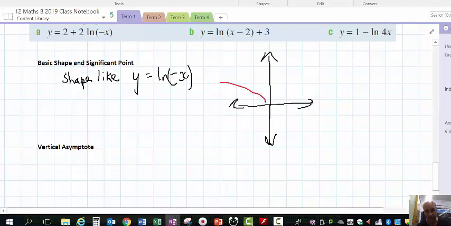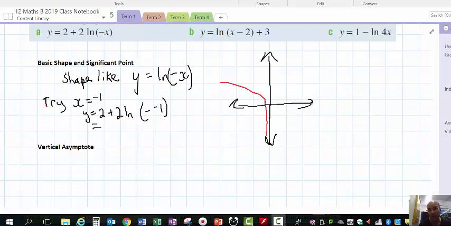Remember, it will not cut at 0, 0, it'll cut before that, and it'll be asymptotic down that way. We can try a significant point if we like at this time. Let's try x equals negative 1, and we sub it in. So we've got y equals 2 plus 2 log of negative 1.